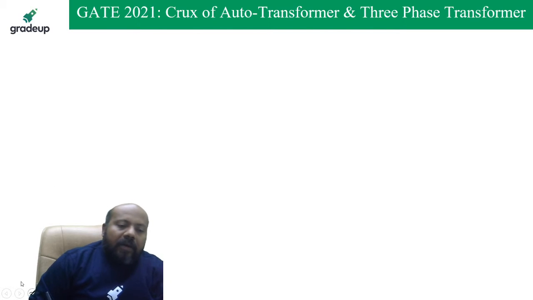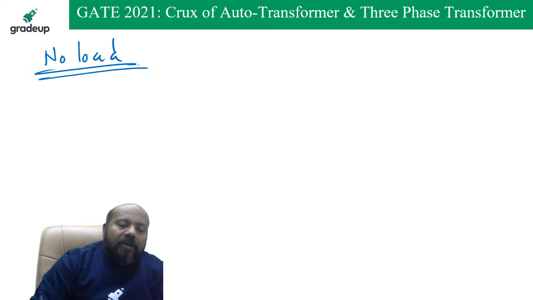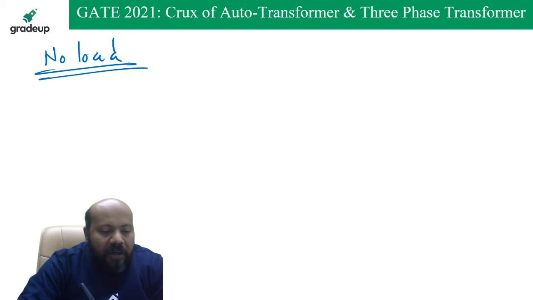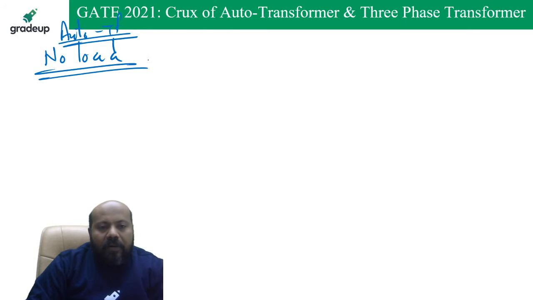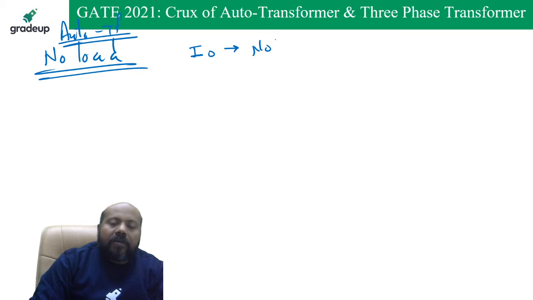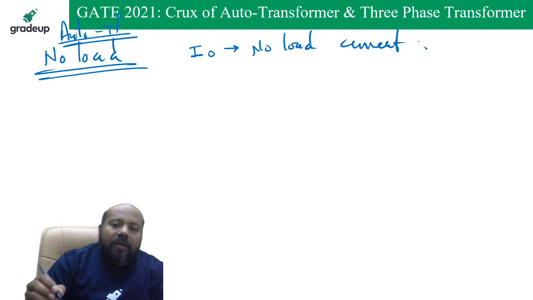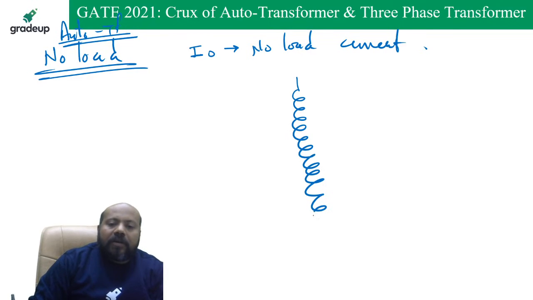Now, you tell me, if I am saying the auto transformer is on no load in the starting, what is the current taken from the supply? I naught, the no load current taken from the supply. In this case, can you tell me what is the current going to the load?